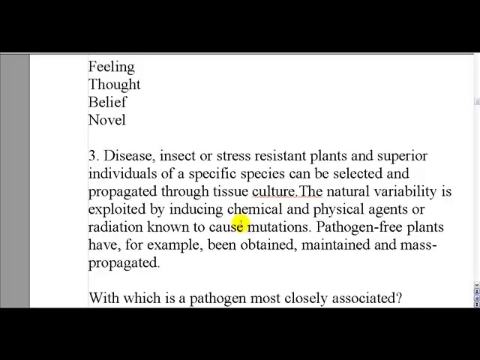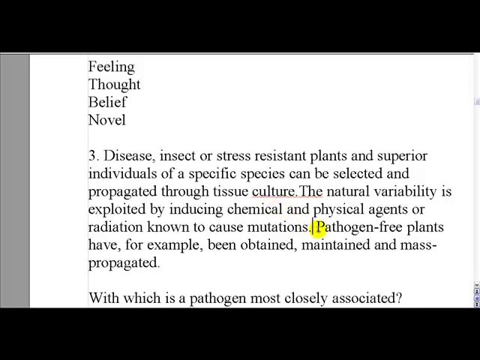Now, I think this idea is important, and then you get this word. Just because this comes after that, you know that this sentence has to somehow be related to that. So they're talking about using chemical or physical agents or a type of radiation to cause mutations. Mutations is kind of like changes that you can force in a plant because of chemicals.